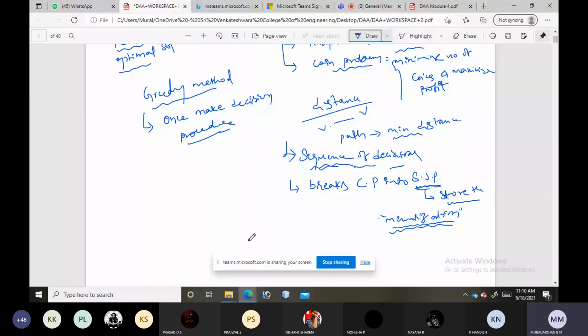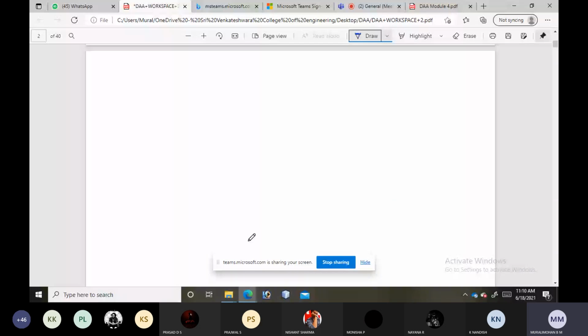Now let us take the calculation of Fibonacci numbers. For example, consider this algorithm for calculating the Fibonacci number.